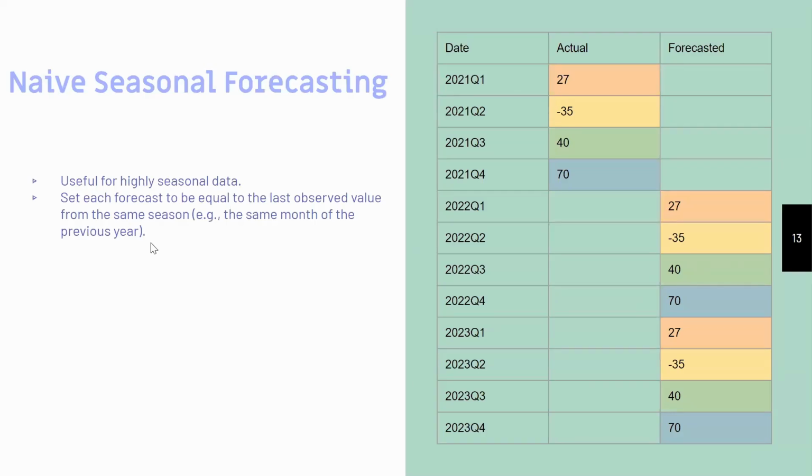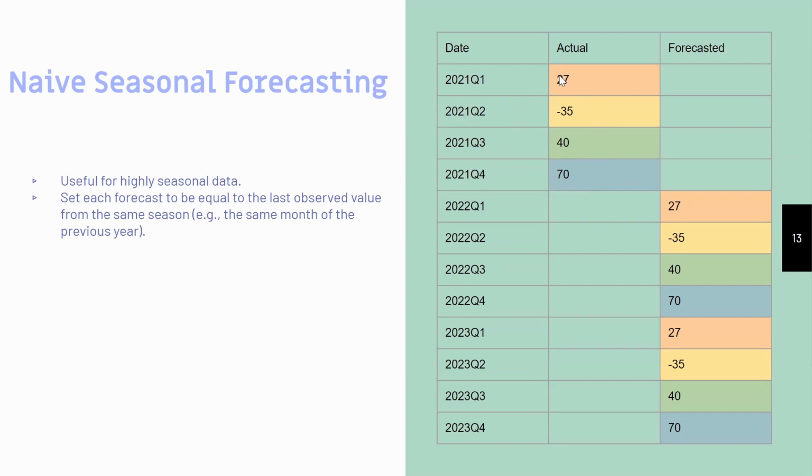Now, naive seasonal forecasting is very similar, except now instead of using just one data point as the thing that you're copying, you're using the whole period, copying and pasting it over and over again. As you can see here for 2021, we divided it quarterly, right?